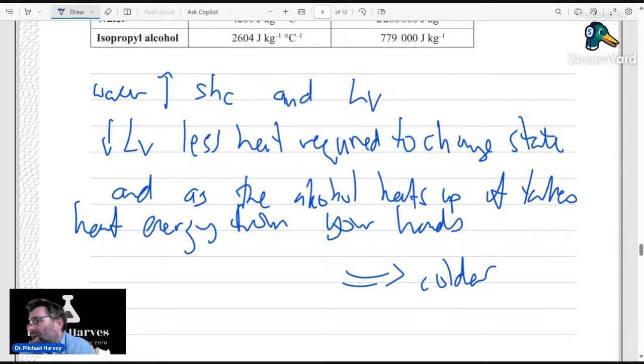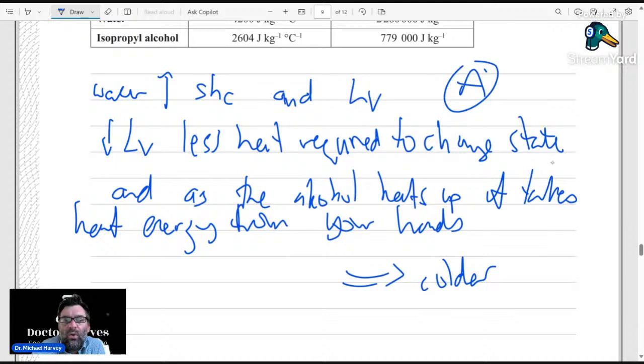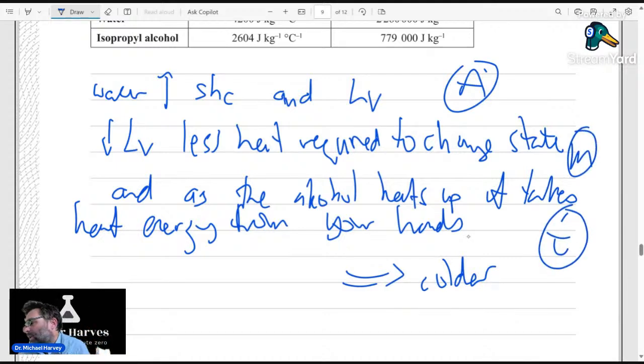Okay, so basically as the liquid alcohol changes from a liquid into a gas, that requires taking energy from your hands, heat from your hands, and that's getting lost with the alcohol evaporating. And so that's an achieved, that's going to be your merit, and that's going to be your excellence, those 3 points there. Okay, so hopefully that makes sense. If it doesn't, leave a comment in the chat.